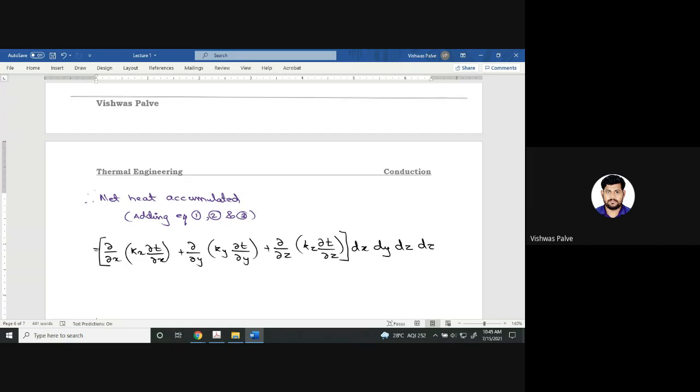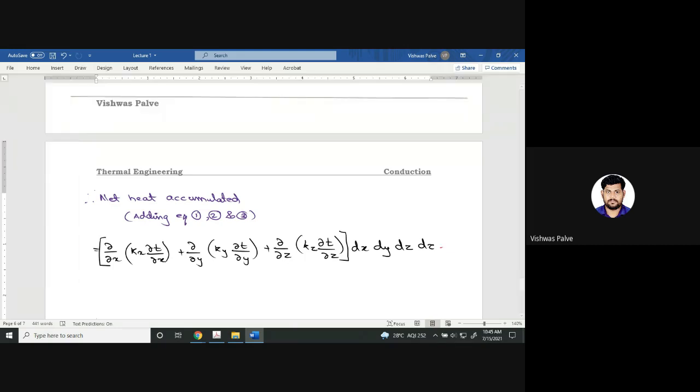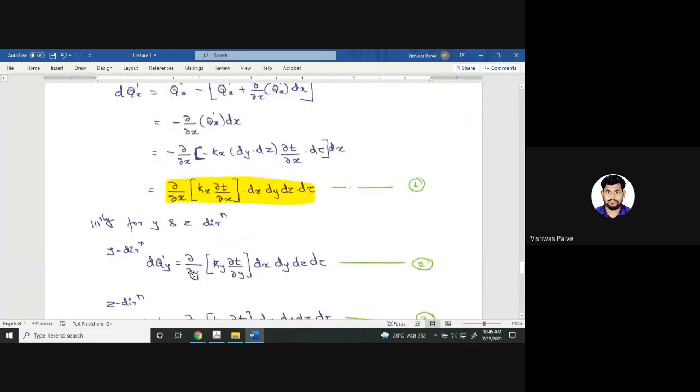So in this equation, we have just directly simplified, and this is my equation A. That is nothing but the term A which we have written. So we have derived the expression for the A term.